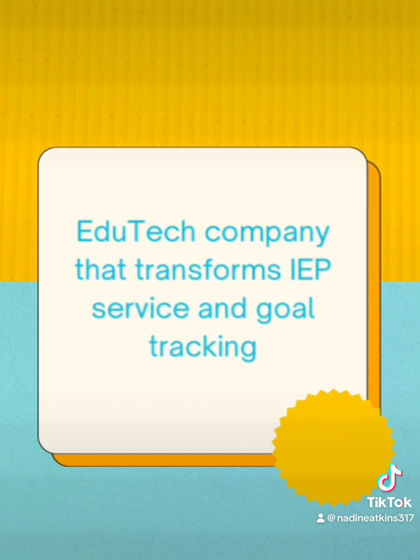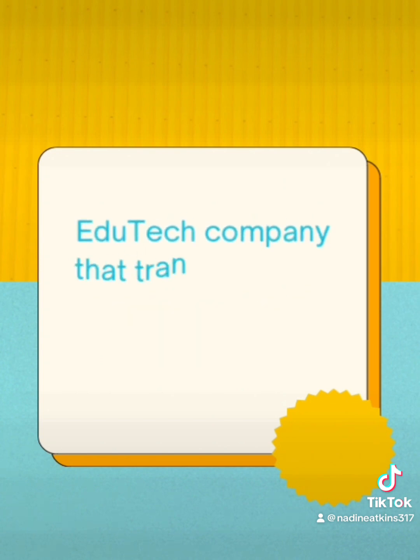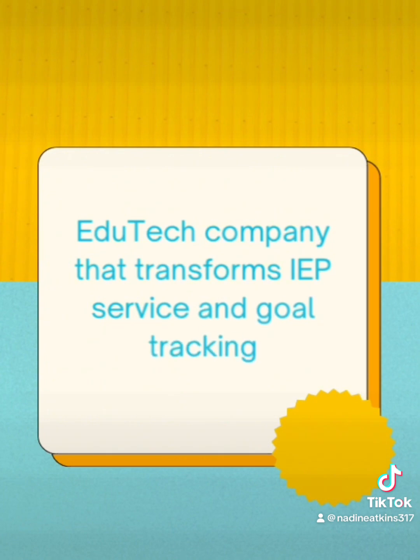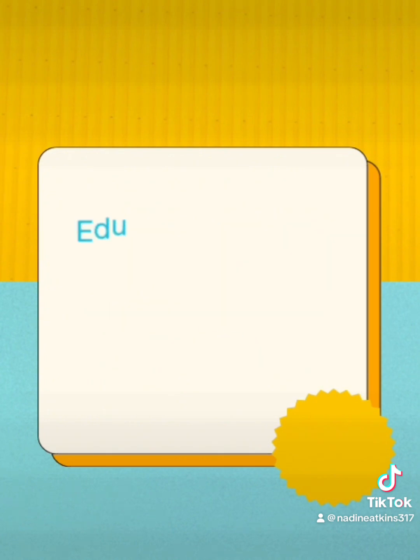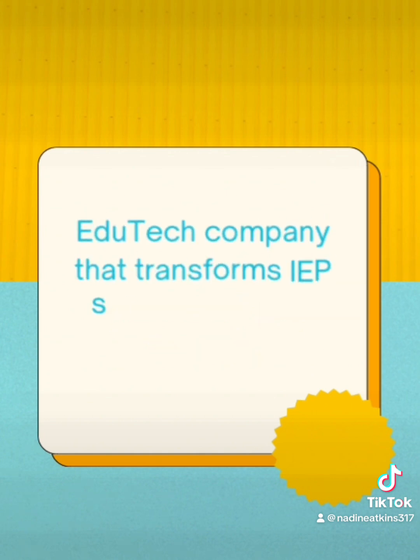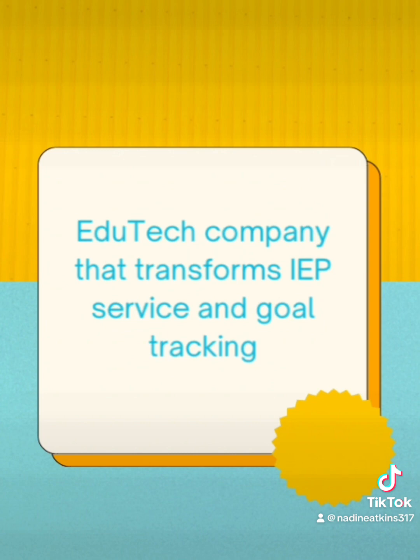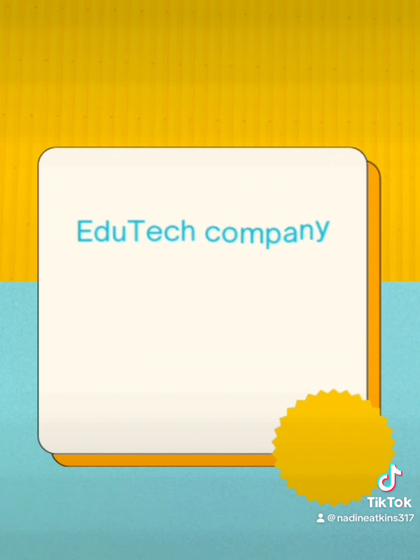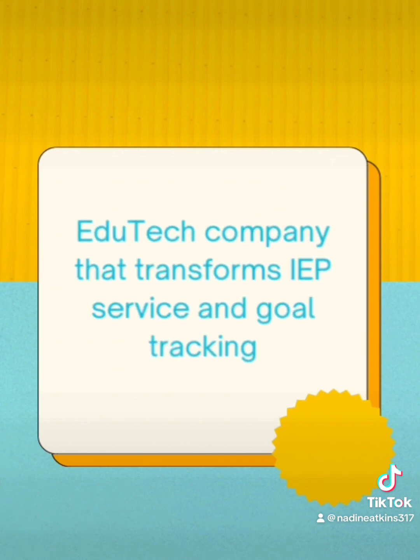So when I saw Brawley providing this service where you can put everything in one place, what I see from going through the website is that you always have the student's goal, the goal that they're working on. And then you can track whether they're progressing in their goal right there, based on the progress monitoring that you're doing.